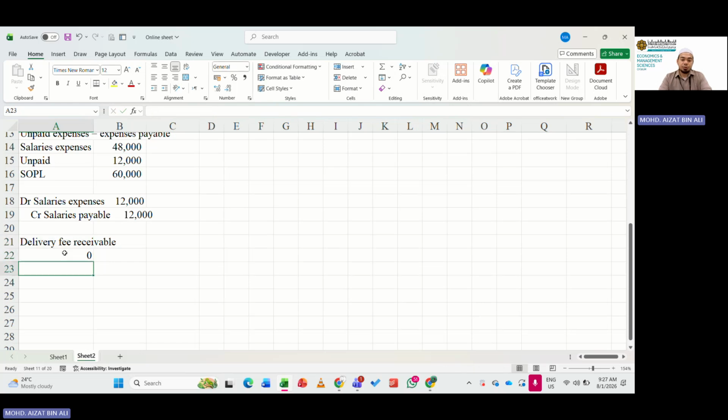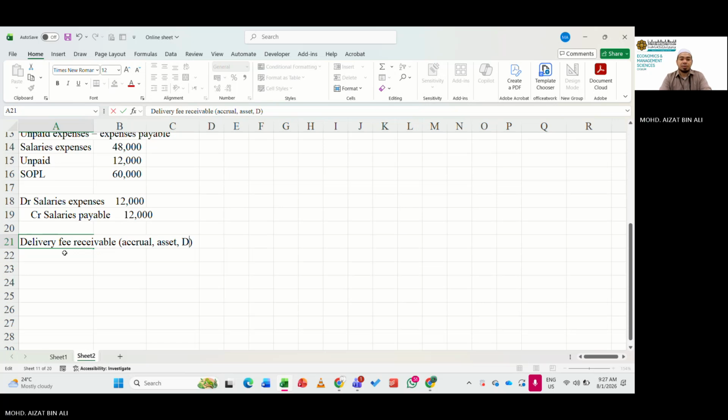So this is what we need. This is the adjustment. And because it is an accrual, this revenue receivable is also an asset. Because it is an asset, it should be debited. Just making the notes here.